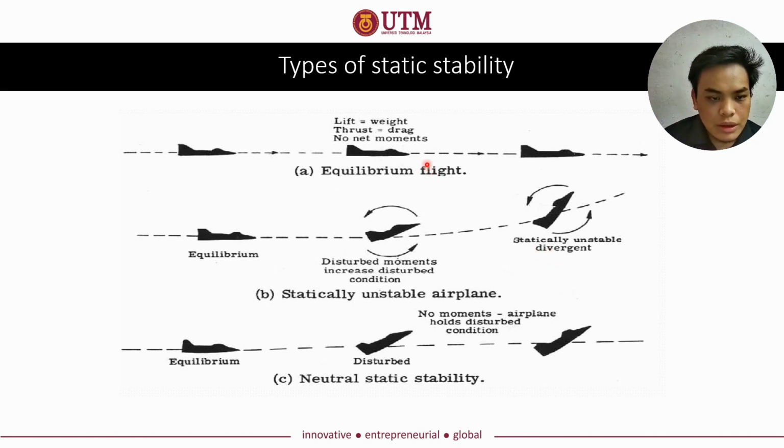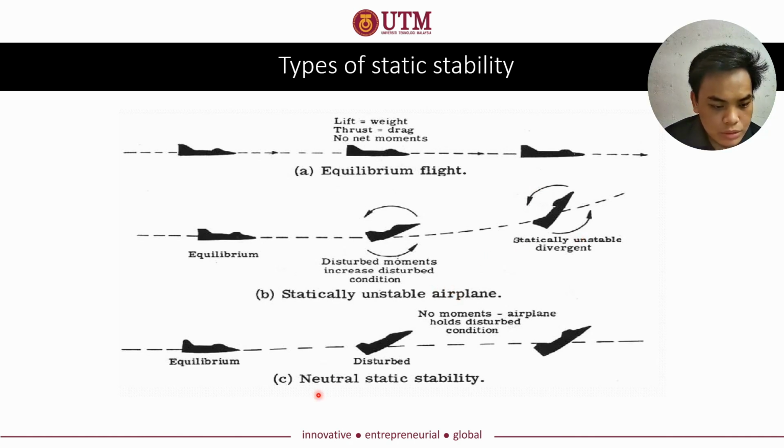As we can see here, there are 3 types of static stability. The first one is equilibrium flight, where during the flight the lift is equal to weight, thrust equal to drag, and no net moments are produced on the aircraft. The second one we consider a statically unstable airplane, where when it flies in an equilibrium condition and is disturbed by some wind or gust, it cannot go back to its original position, and it continuously rotates in this way, and this is not good for our aircraft.